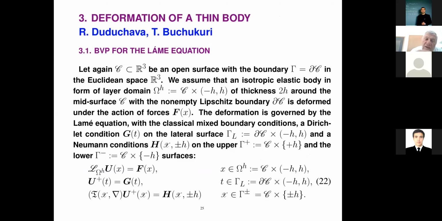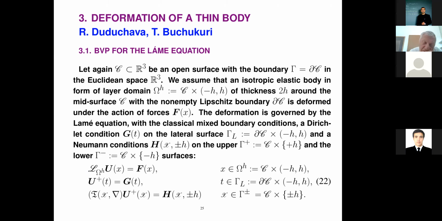Okay. Now, the boundary value problem for the Lamé equation. I formulated it above, but let us repeat it. We have this thin domain: a smooth surface multiplied by the interval from minus h to h. Around the surface we have a body which has thickness 2h. And then we have the following boundary value problem.